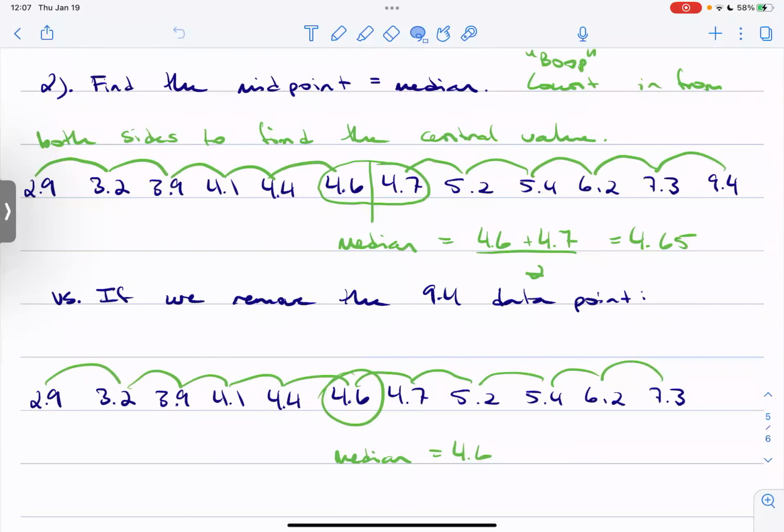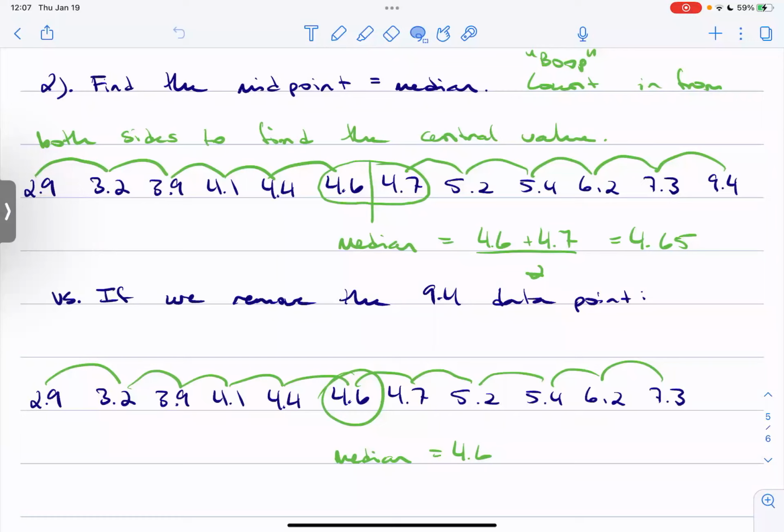I think we're ready to find the quartiles. Now, remember, the measure of spread for non-normal data is the interquartile range. Inter means between, and quartiles are the data points that split your data into quarters instead of in half.